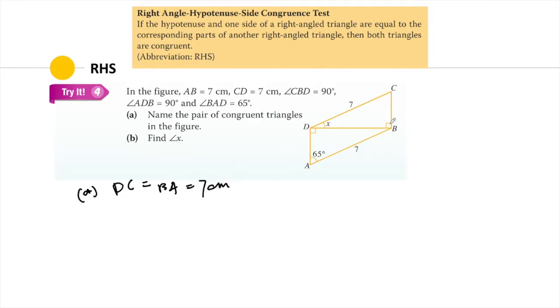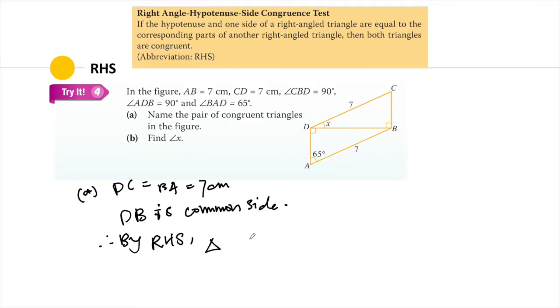So DB is the common side. So therefore, by RHS, triangle CBD is congruent to triangle ADB.